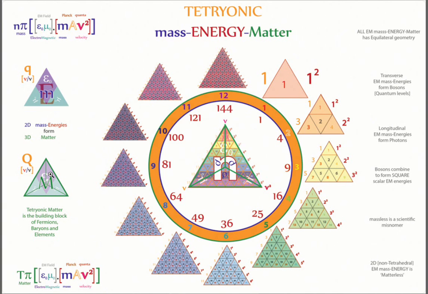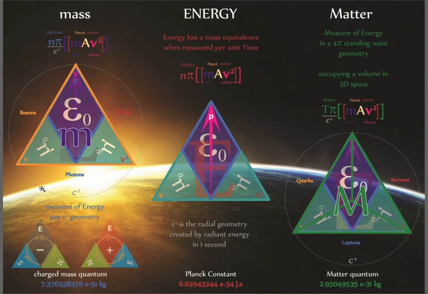Where we refer to the quanta within the charged geometries of matter itself, it refers to the inertial mass of matter. So Tetryonics gives us exact definitions for mass, energy, and matter, with mass being the number of quantized angular momenta or energy momenta within any unit of time, as opposed to energy being the same but without a time measurement.